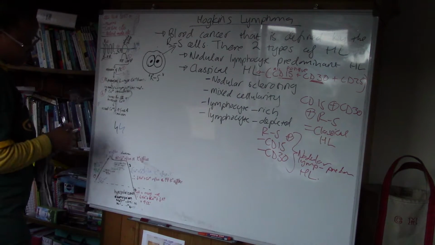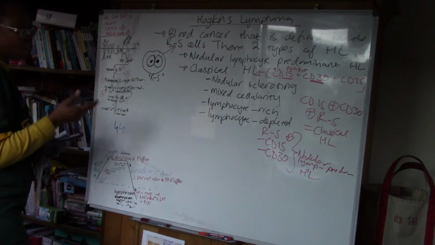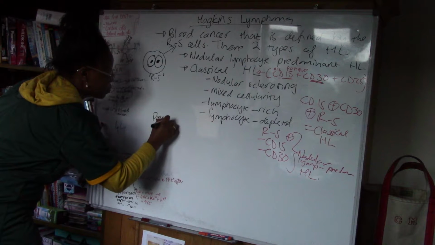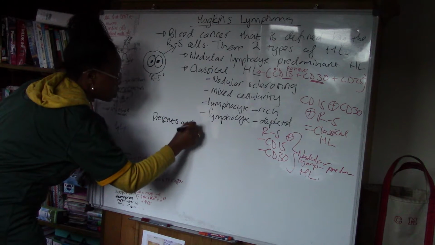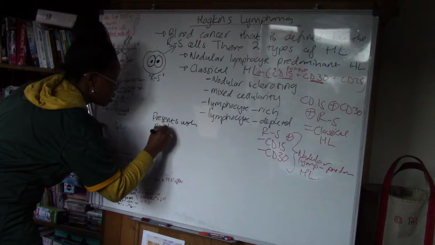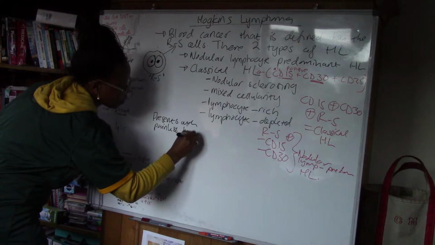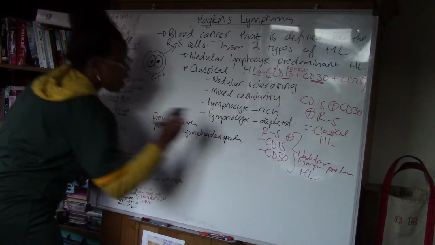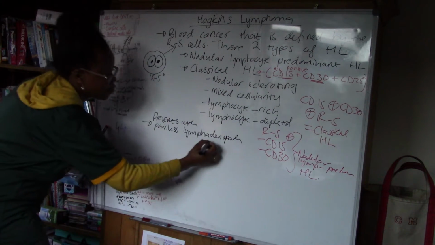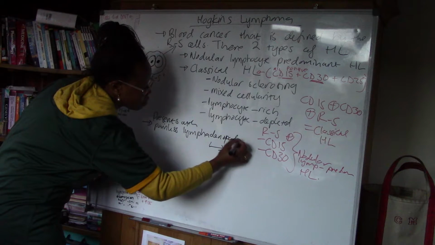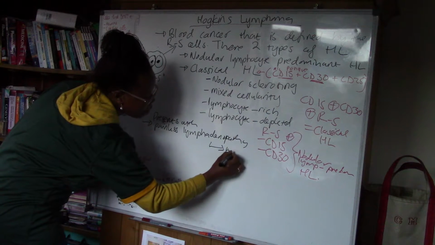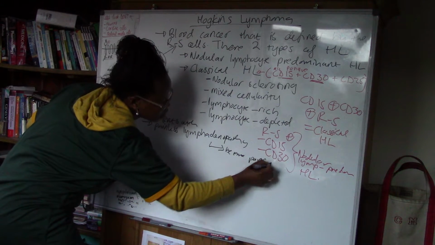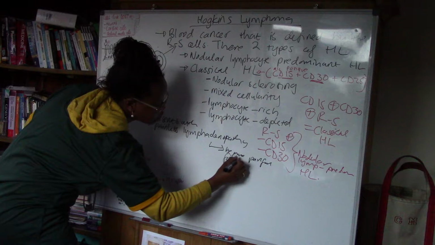That is the best way to differentiate between these two, and they are both types of Hodgkin's lymphomas. And Hodgkin's lymphoma, as I've said, presents with painless lymphadenopathy. However, these lymph nodes become painful following alcohol consumption.